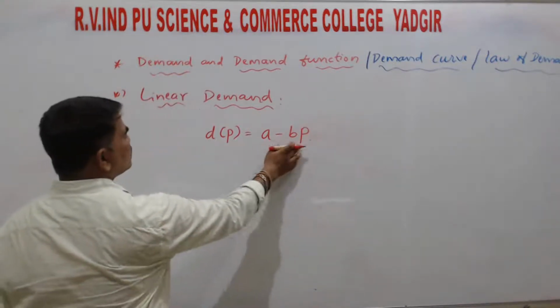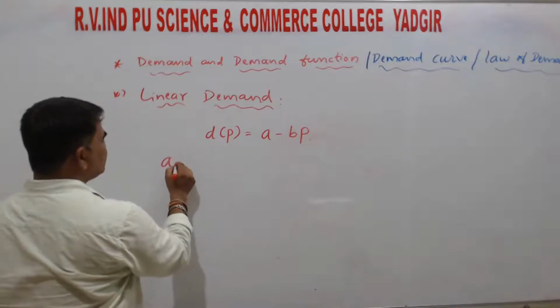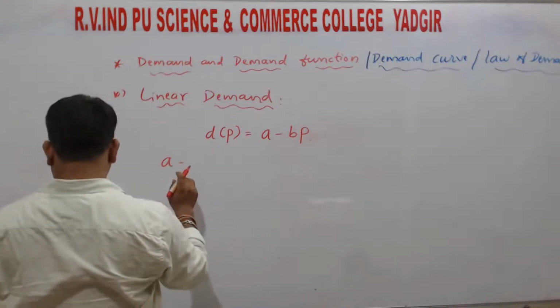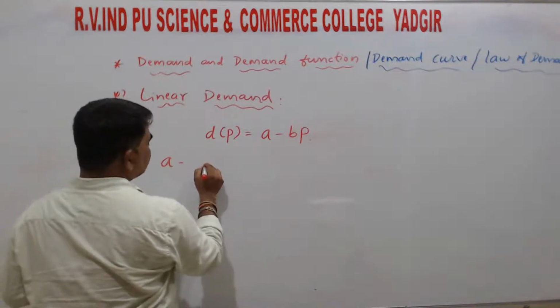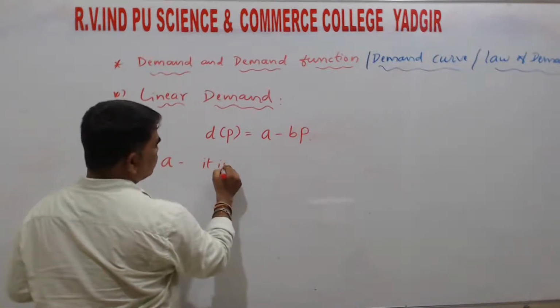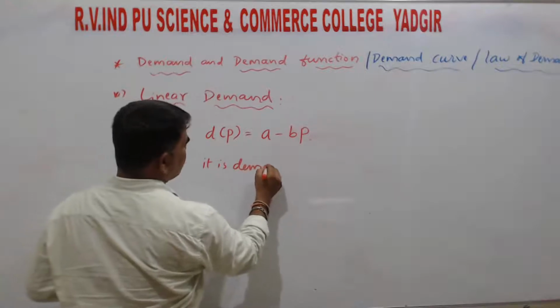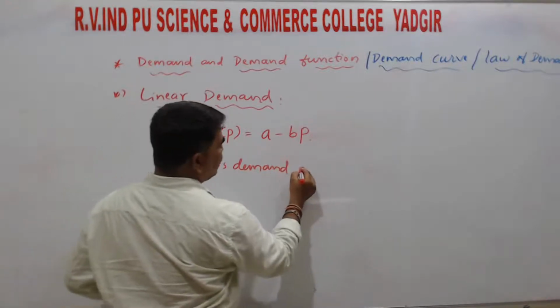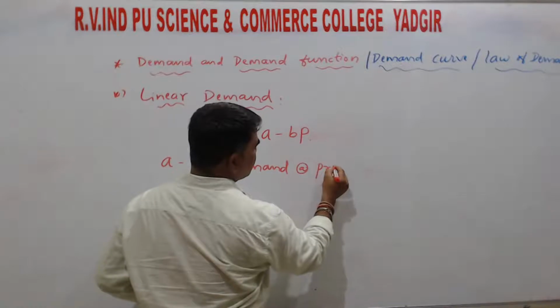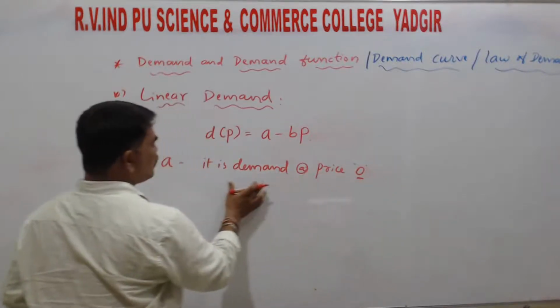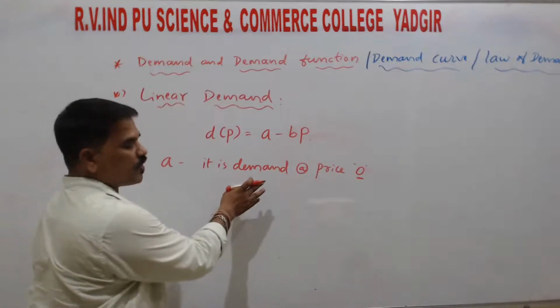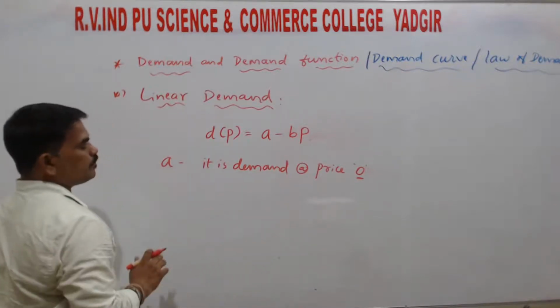What do I mean by all these things? A is the demand at price 0. When the price is 0, what is the demand for that particular product? We will call it A.